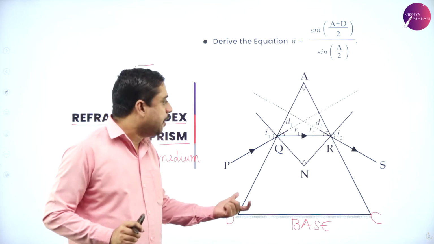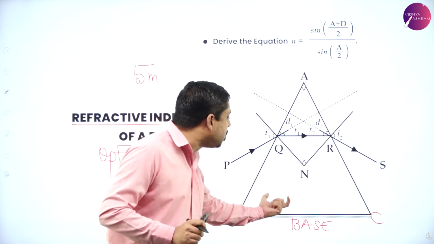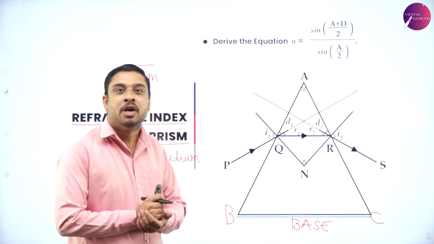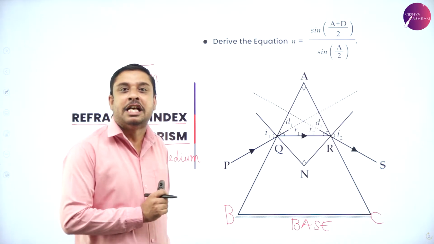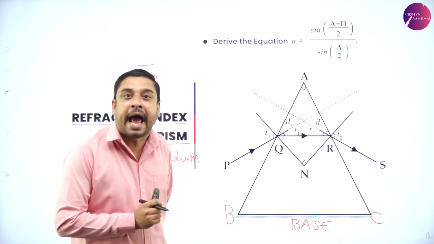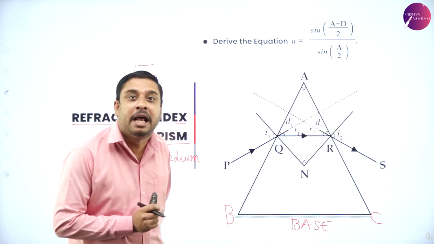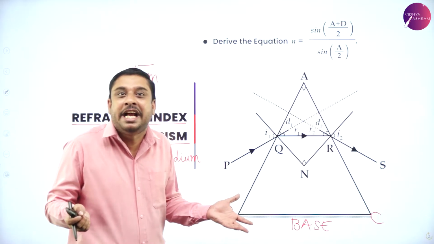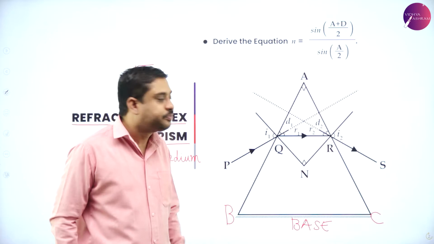Please note, when a ray of light is incident on the base, there is no bending of light. The so-called refraction of light is not possible, just as when light is incident along the normal.